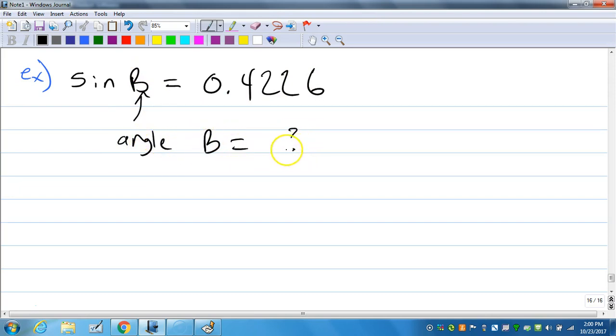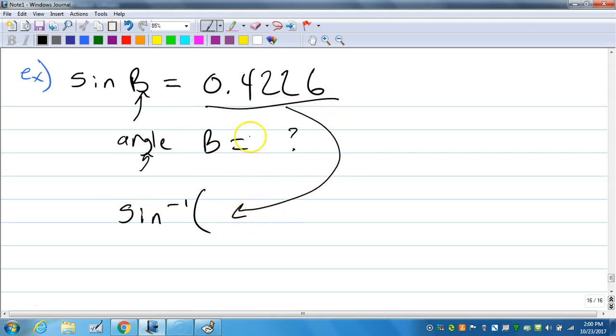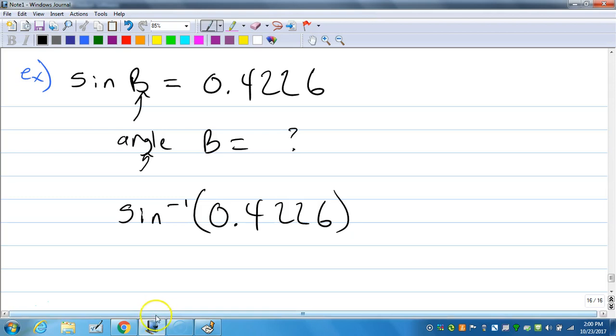We don't know. So when you're looking for the angle, remember, every time you're looking for an angle, you're going to use the -1. So we need the sine of -1, and you type in this number. Put that number right there. 0.4226.